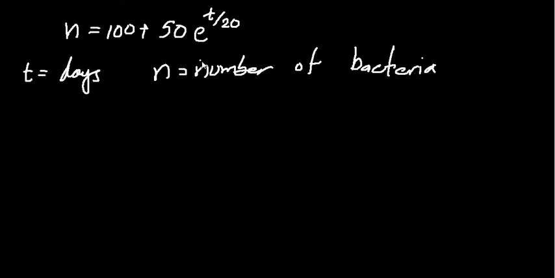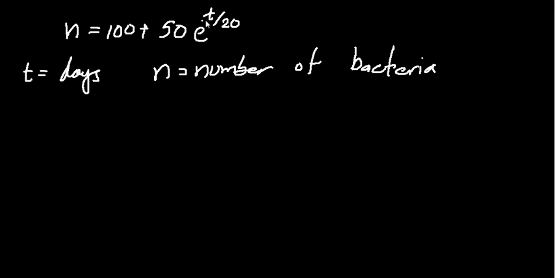Now look at this formula. N stands for the number of bacteria, T stands for the number of days. So this is basically the population of a bacteria culture as the days go by, so how it increases as the days increase. When T becomes larger, you can see that the number of bacteria increases.